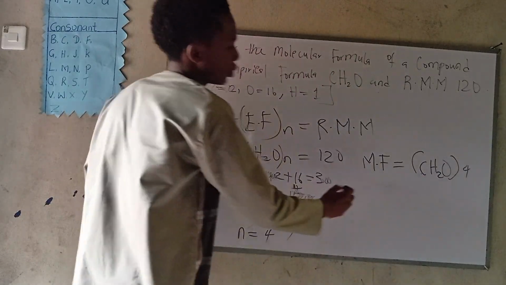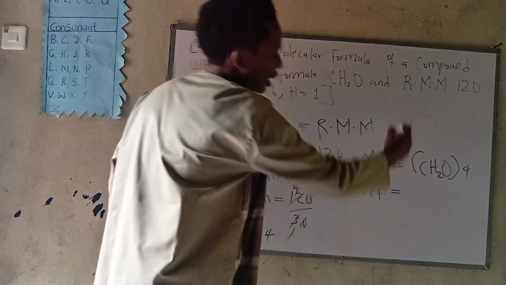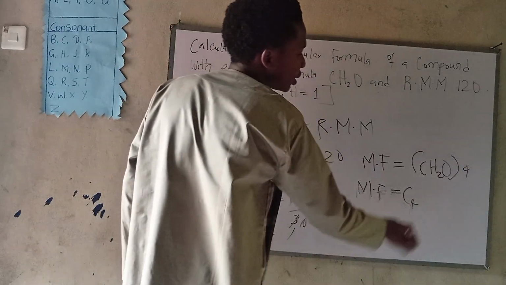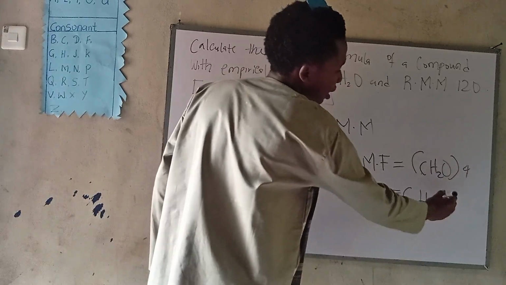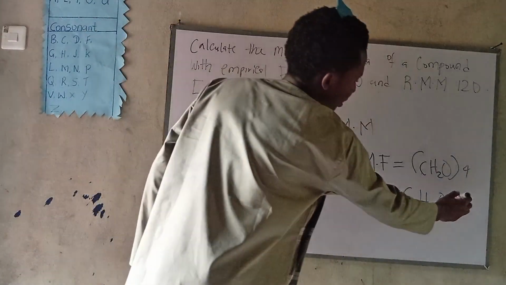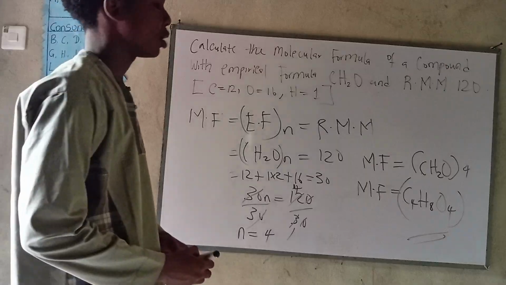So now let's input our answer. 4 times carbon will give us 4 carbon. 4 times 2 hydrogen will give us 8 hydrogen. And oxygen will now be 4 oxygen. Alright, this is our molecular formula.